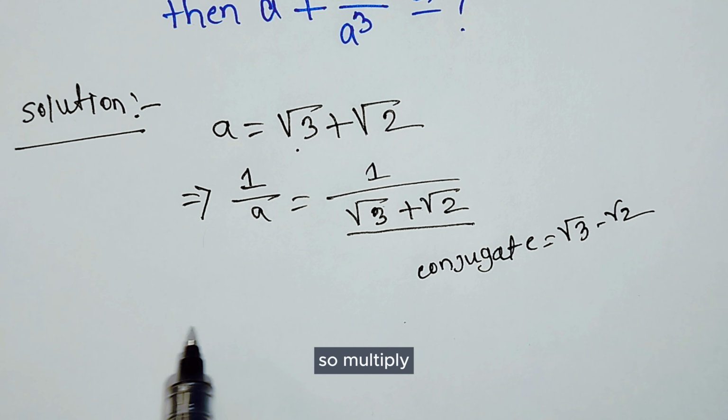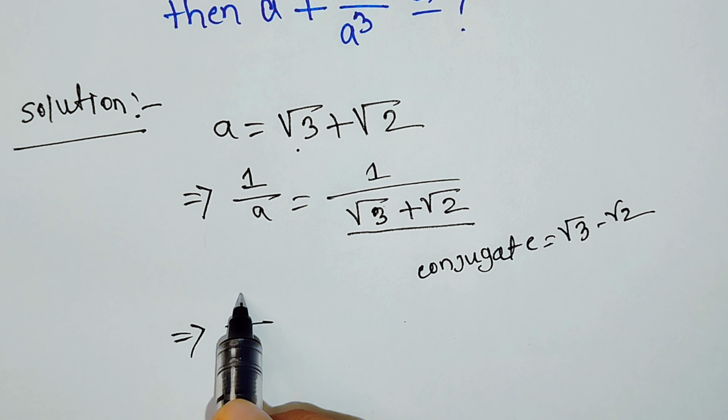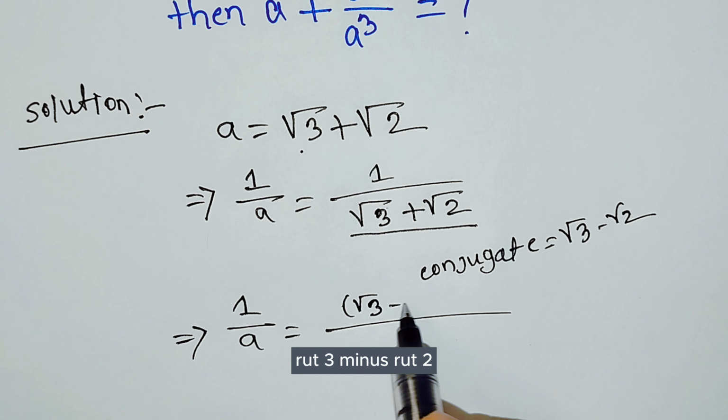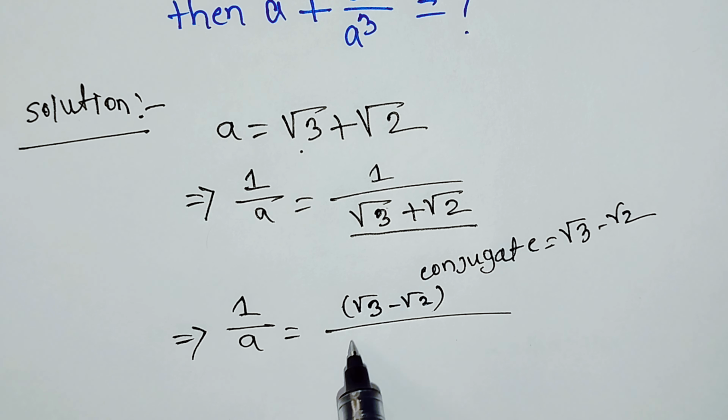So multiply the numerator and denominator by root 3 minus root 2.